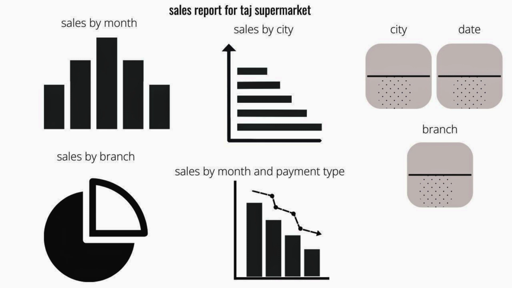Then we have the slicers, which are city, date, and branch. This is the design we are going to use to create a dashboard. This is the information that our employer from Taj Supermarket is expecting to get in order to make decisions in the future.